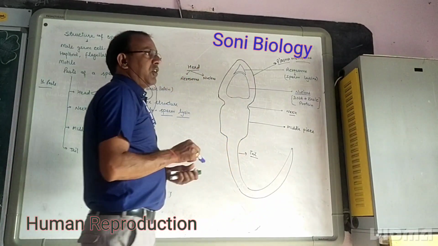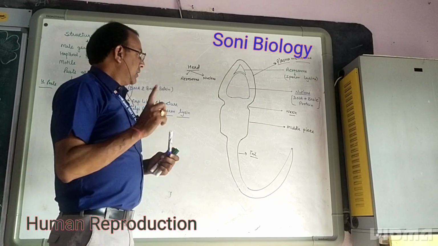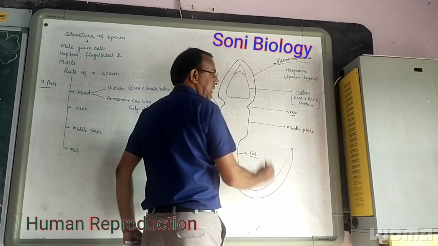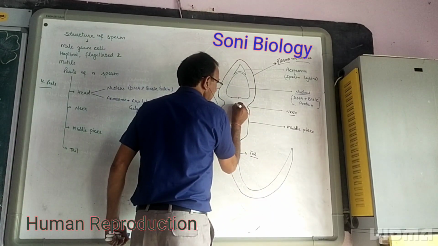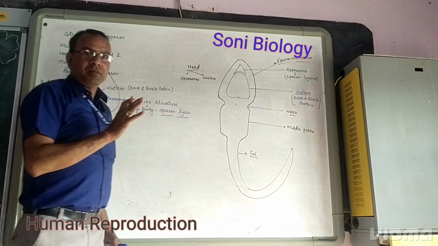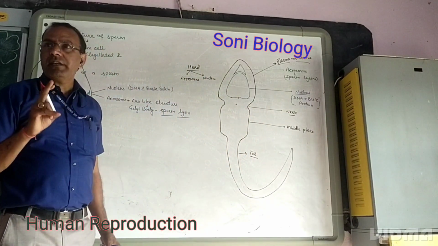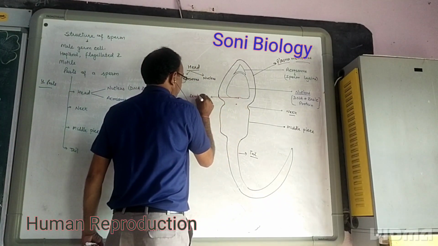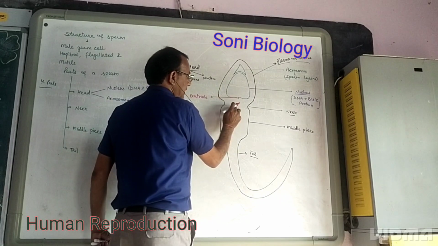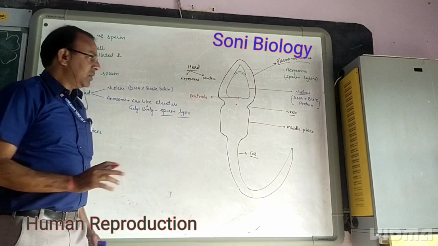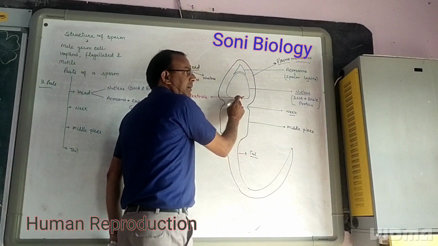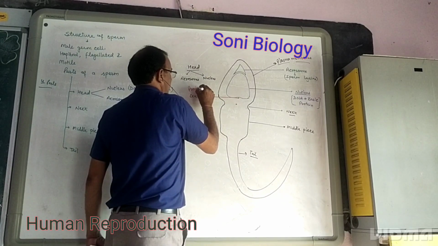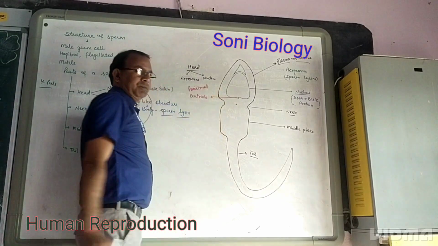What other structures are present in the sperm? There is a pair of centrioles. One centriole is present at the depression of the nucleus and the other at the depression of the neck. The centriole present at the depression of the nucleus is called the proximal centriole.